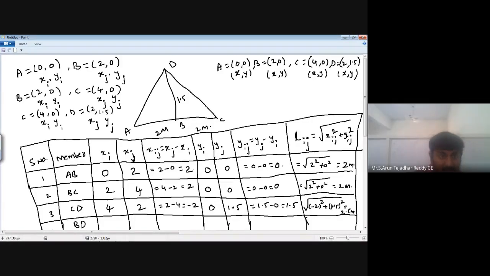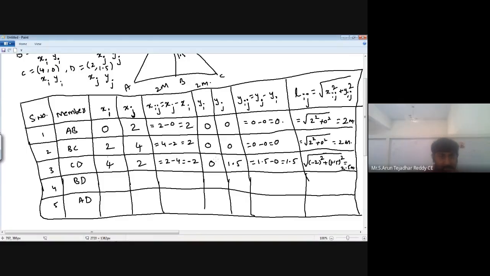BD and AD. BD means take B coordinate, D coordinate and mention x and y. That is xi, yi, xj, yj. After completion of BD, next take AD. Same process. You can do it by yourself. Very simple. BD 2, 2. You can write it clearly.